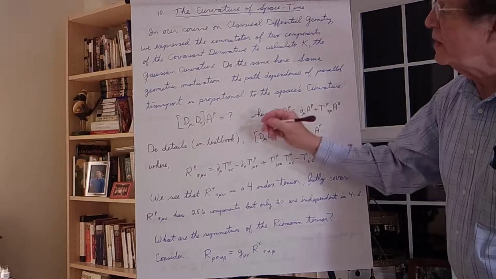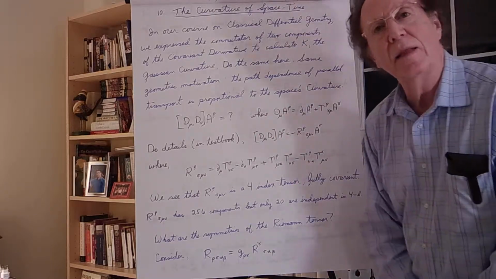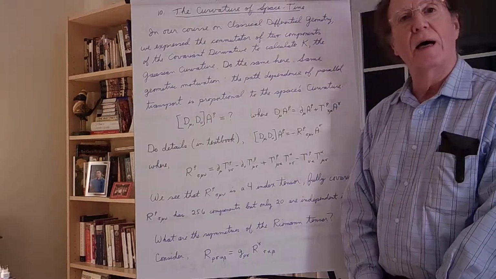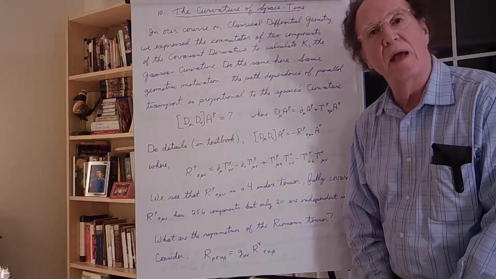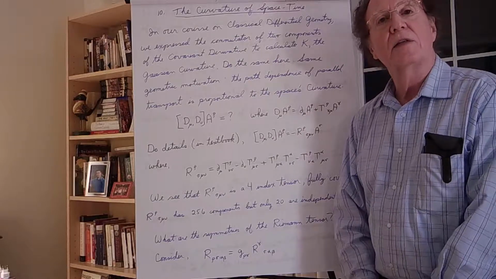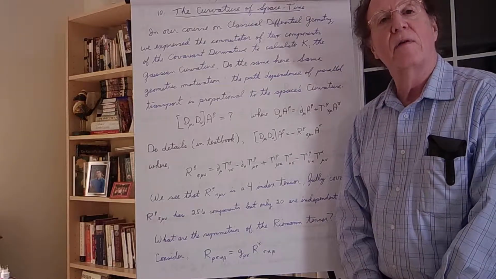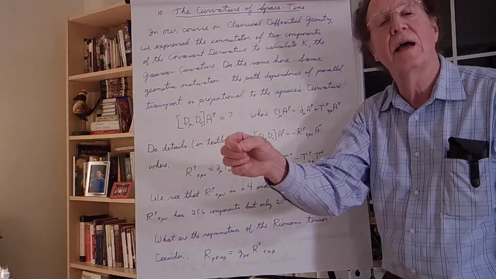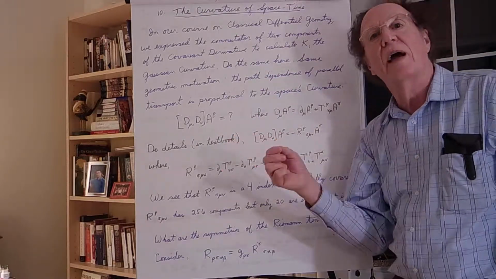Remember the idea here is to understand that parallel transport is dependent upon the path which you choose. So if I choose a path going from P to Q, in one case I can move along the mu direction of the coordinate system and then the nu direction.